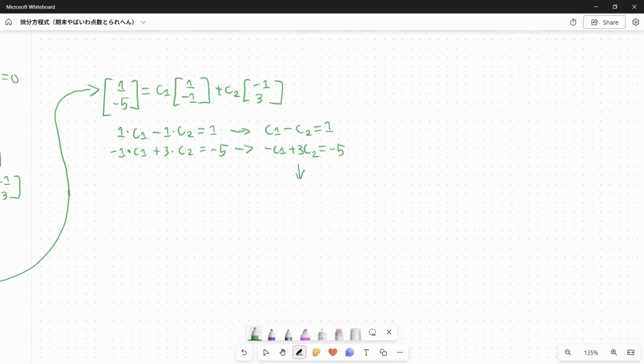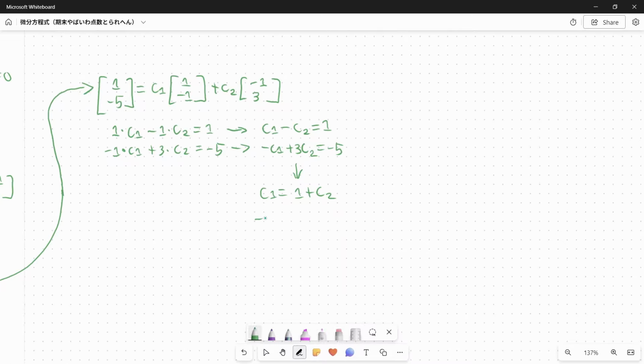So c sub 1 is equal to 1 plus c sub 2, because I just moved this c sub 2 to the other side. Plugging that into this expression, we should end up with negative 1 minus c sub 2 plus 3 c sub 2 is equal to negative 5. From here we can solve for c sub 2. Simplifying, we end up with 2 c sub 2 is equal to negative 4, and so c sub 2 is ultimately equal to negative 2.